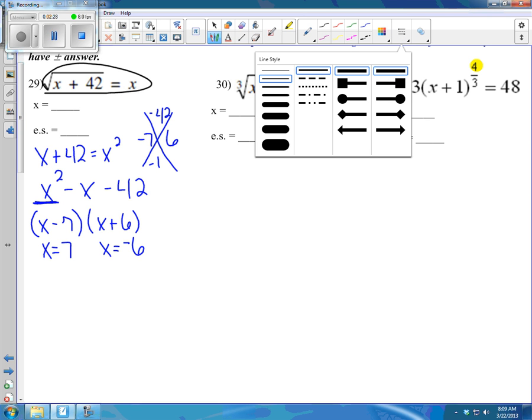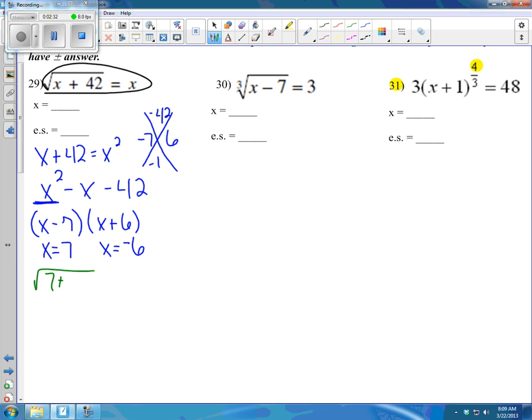So first I'm going to put my 7 in, on the left side, and then I'll put the 7 in on the right side. I'm only going to go with what the calculator says. So in my square root, I can add the 7 and the 42 for 49. And then I would ask myself, will the calculator agree with me that the square root of 49 is 7? It will. So 7 is the solution.